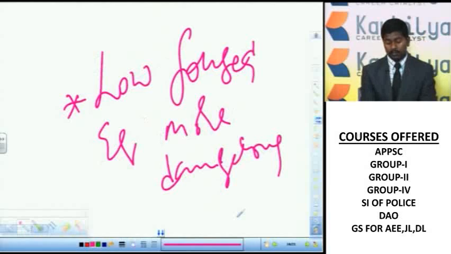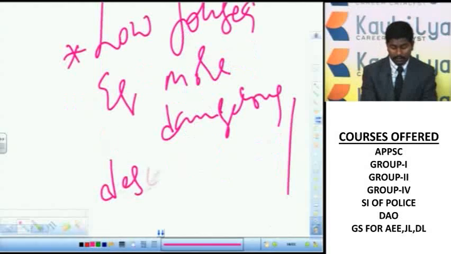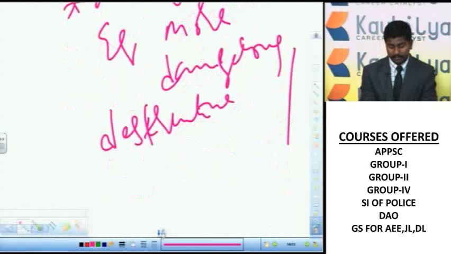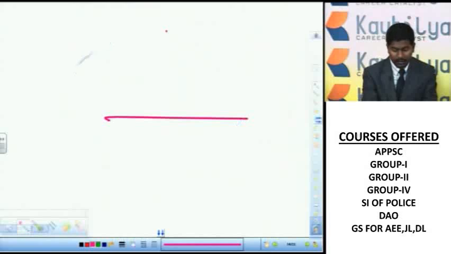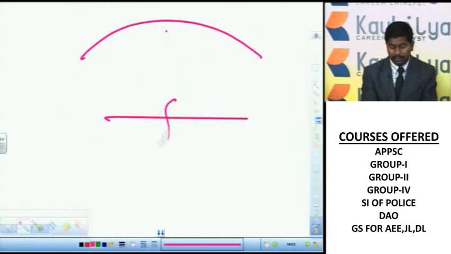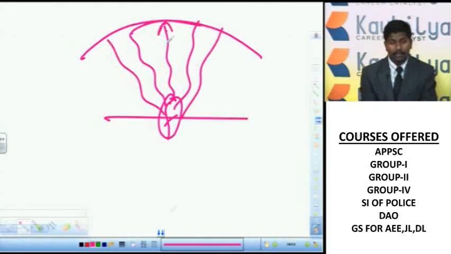Low focused earthquakes are more destructive, because when the focus is nearer to the crust, here is the focus and here is the crust, more vibrating energy reaches the crust, and when more energy reaches the crust it causes a lot of destruction.